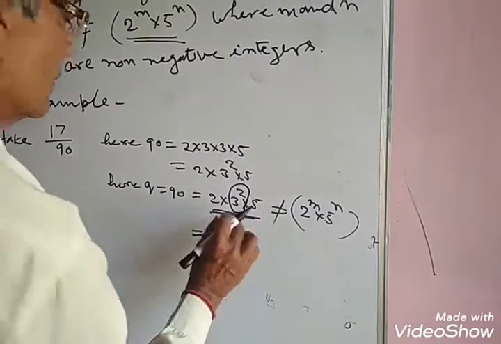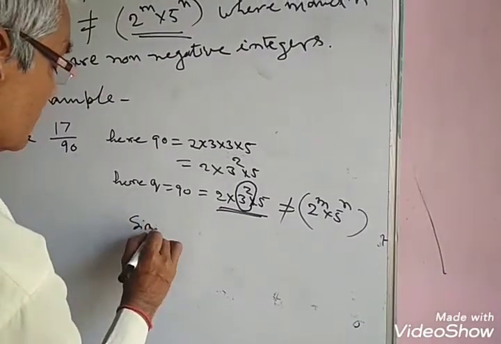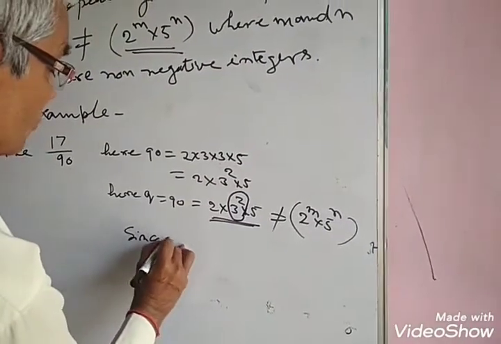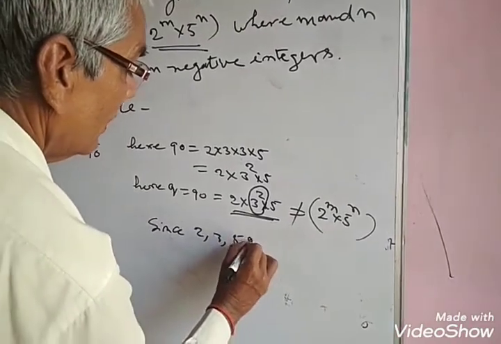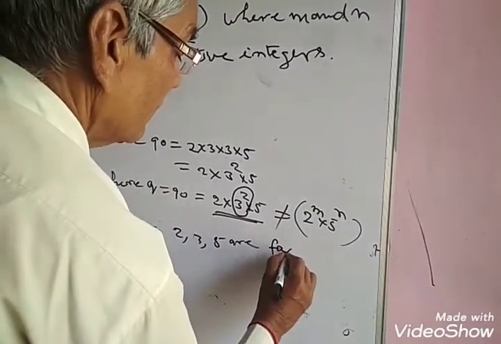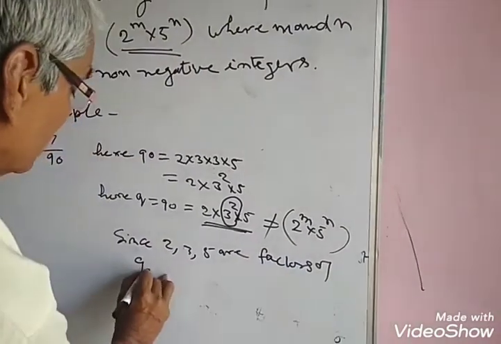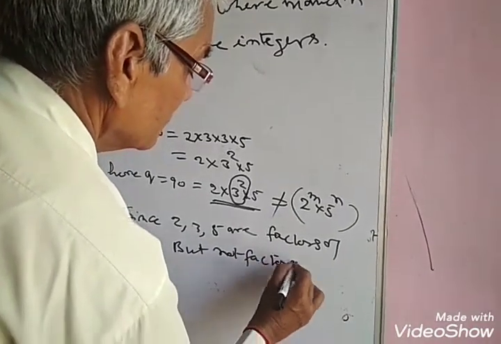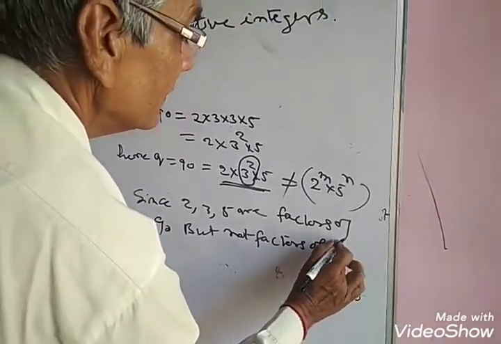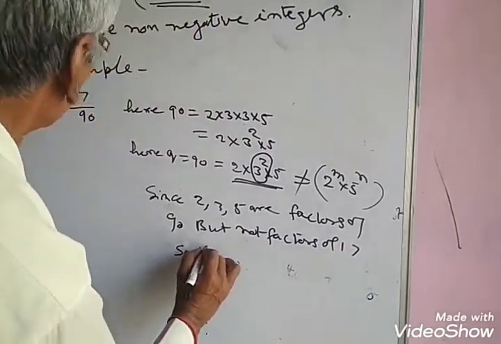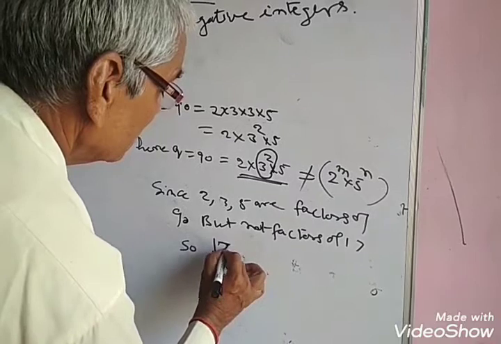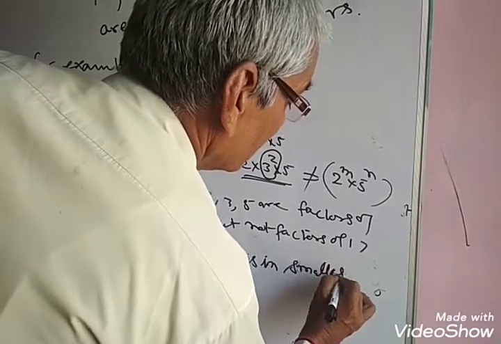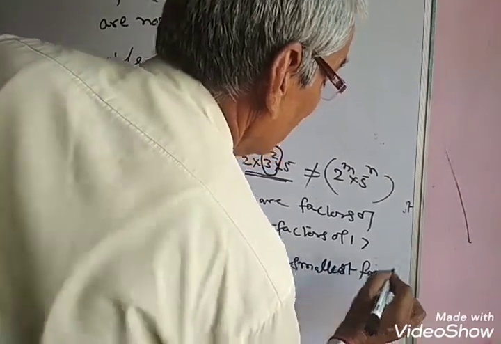Since 2, 3, 5 are factors of 90 but not factors of 17, 17 by 90 is in smallest form.